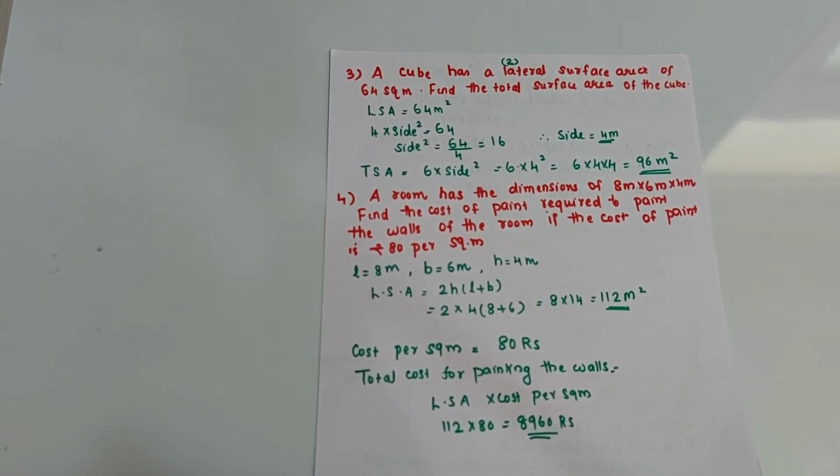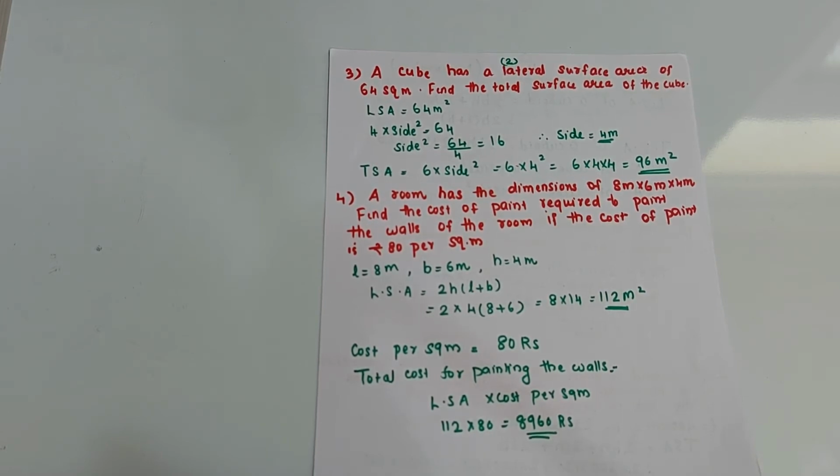Now fourth one: a room has the dimensions of 8 meter into 6 meter into 4 meter. Find the cost of paint required to paint the walls of the room if the cost of paint is rupees 80 per square meter. Here the dimensions of the room are given, and the question is the cost of paint required to paint the walls. We have to paint only the walls, so we have to find out the lateral surface area of the room.